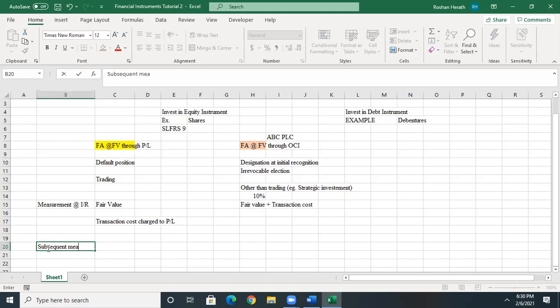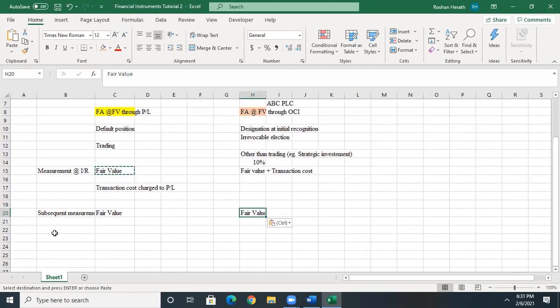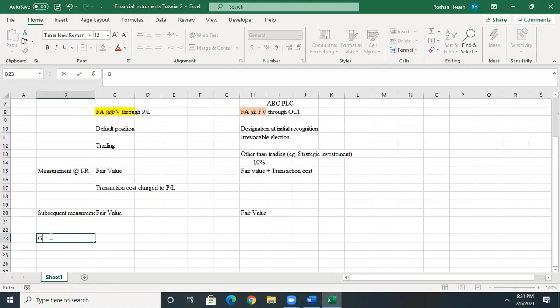Subsequent measurement. It's at fair value. Here also at fair value. How about gains and losses? What about the remeasurement gains and losses? Here, as the term suggests, for the financial asset at fair value through profit or loss, charge the gain or loss to the P&L.